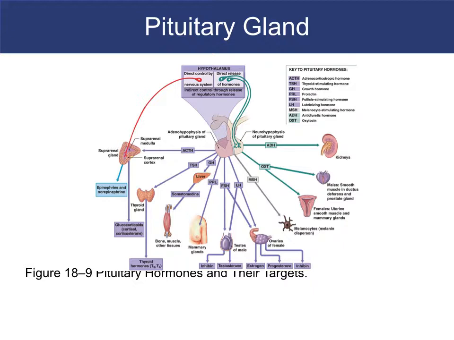ACTH circulates around in the bloodstream, and it acts at the suprarenal cortex to control the adrenal cortical hormones that are made there in the adrenal cortex. Now I noticed that Melissa is calling the three parts of the adrenal gland salt, sugar, and sex.